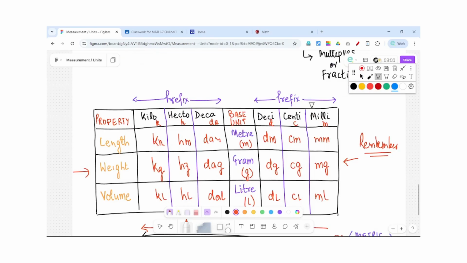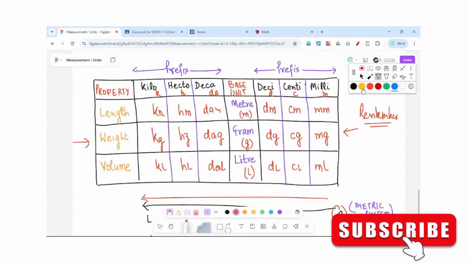If we go from here to here, the unit becomes 10 times bigger. Again left, then the unit becomes another 10 times bigger. Each step it becomes 10 times bigger, like you have in the number system. In the next lesson, we will try to understand how to convert these different units.